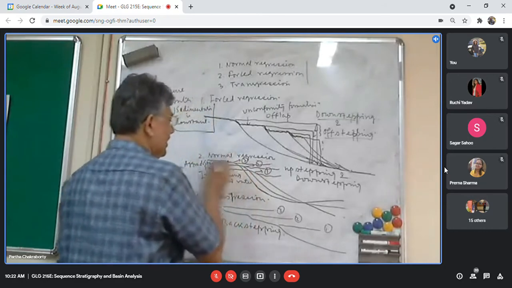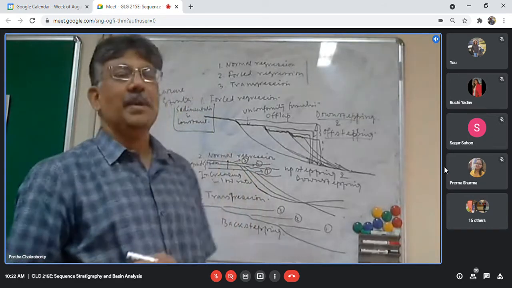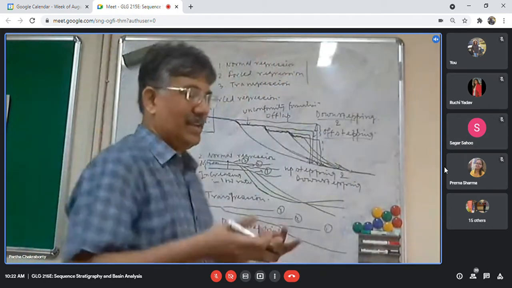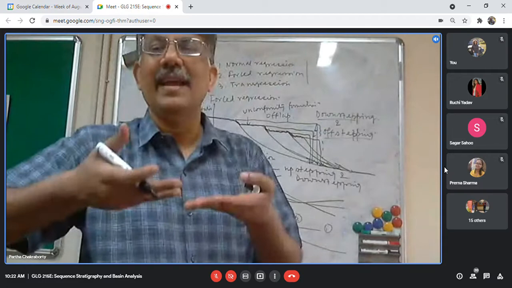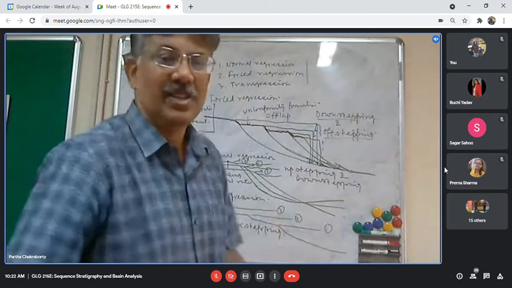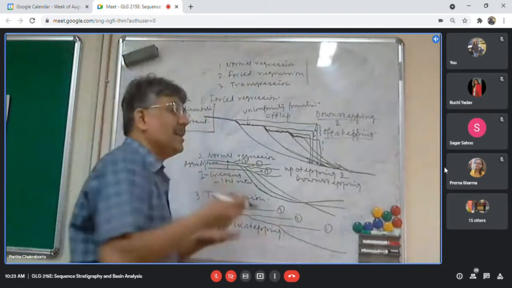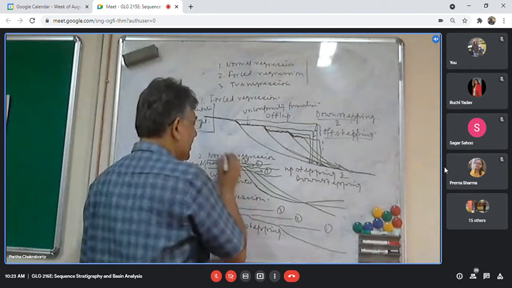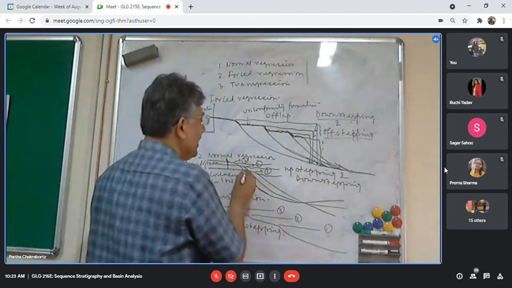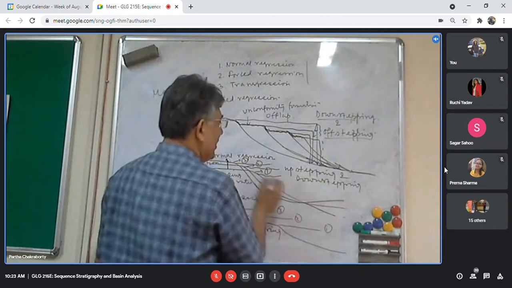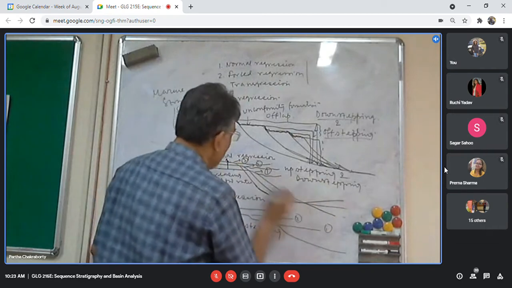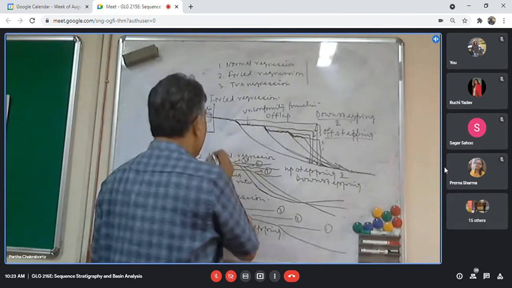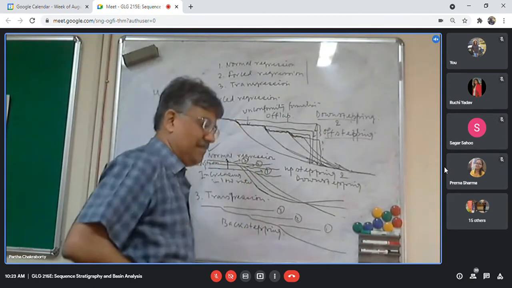In the proximal part, you will be getting upstepping, which is also referred to as aggradation. That means the strata will aggrade. There will be fluvial and downstream fluvial aggradation, and it will also be downstepping. So upstepping and downstepping, including the aggradation in the coastal part, is the character of normal regression.